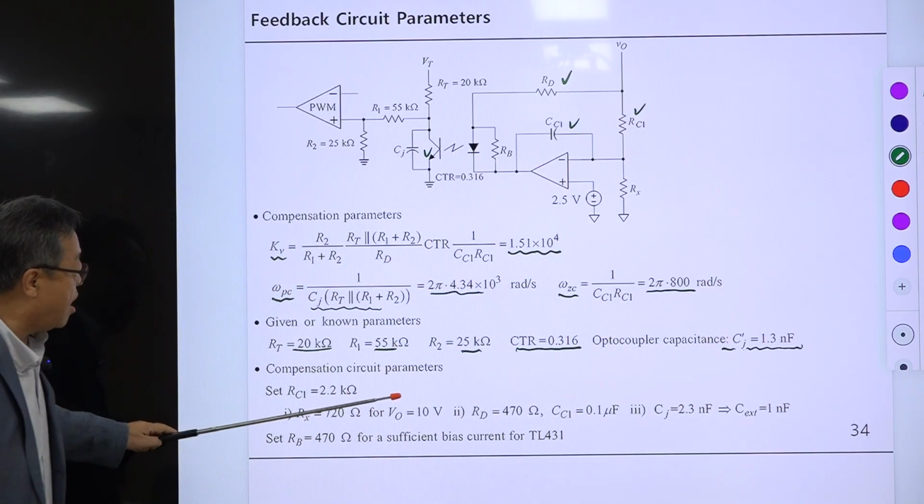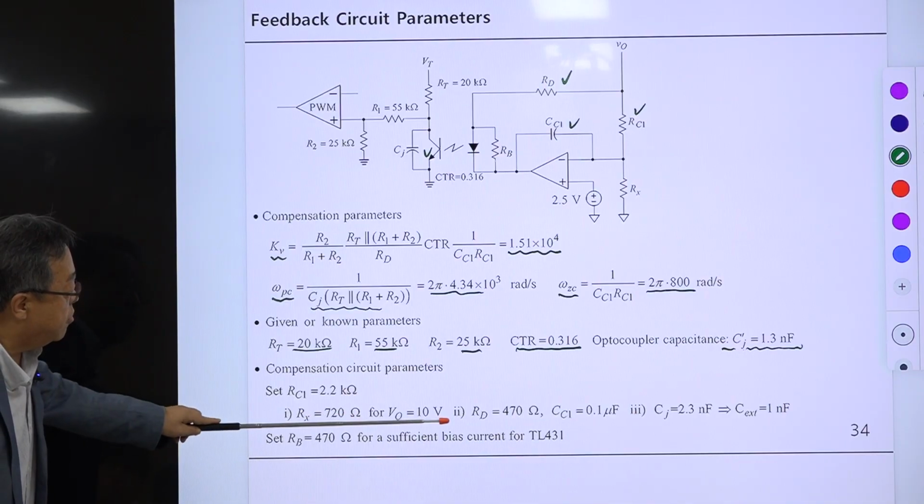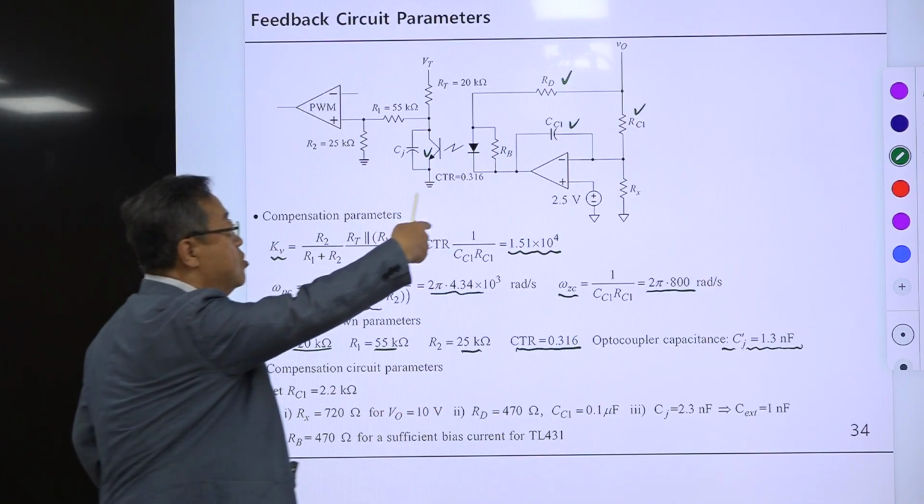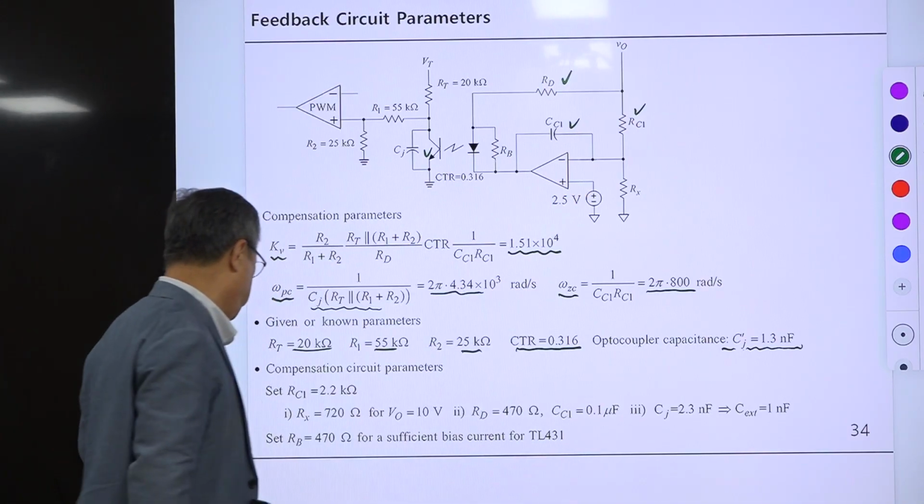Then you select RX, this one, to regulate our voltage at 10. There is a simple relationship using the virtual short feature of these two terminals.